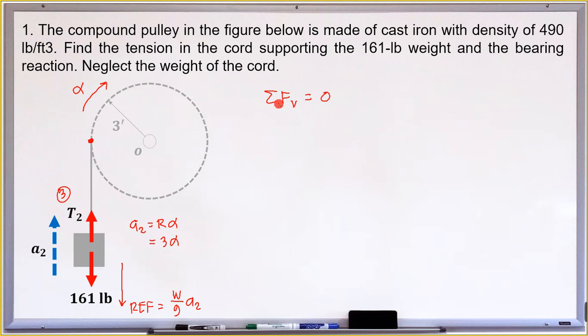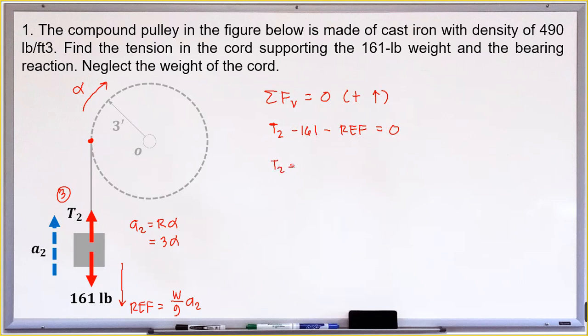So again, going back to the summation of forces vertical equals to 0 equation. We take positive if the force acts upward, because this is the direction of our motion or the direction of our acceleration. So summing up, ang mga upward forces, we have T2. Then ang downward forces, we have the weight, 161, minus the reverse effective force, that is equal to 0.